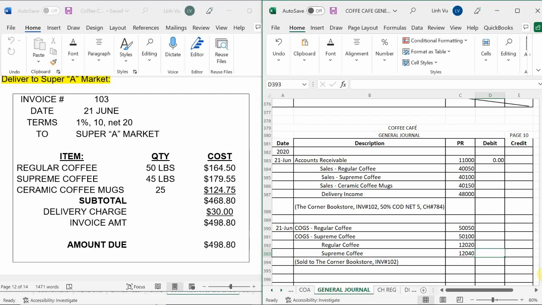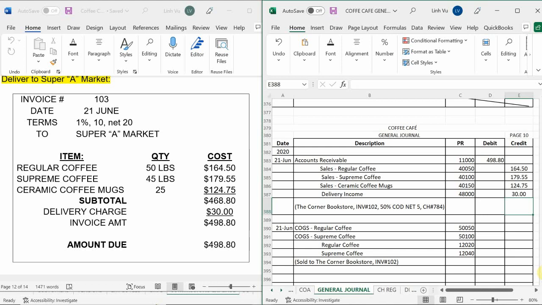So it's 164.50. Okay, 164.50. Yes, sorry. And then Supreme is 179.55. And then the ceramic mug was 124.75. Good. And the delivery charge is $30. So that gave me a grand total of $498.80, which is correct. It matches your total amount of debits as well.